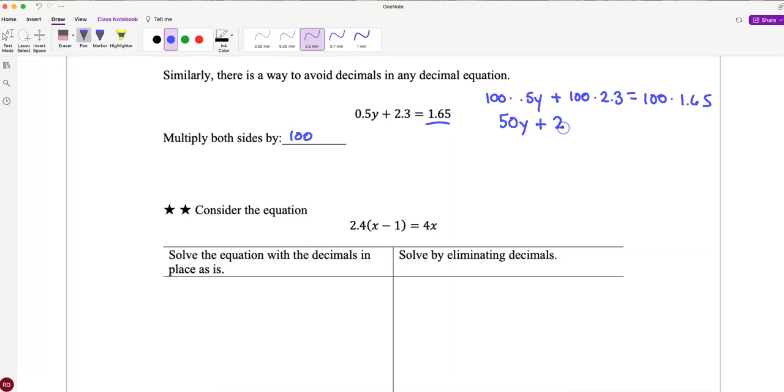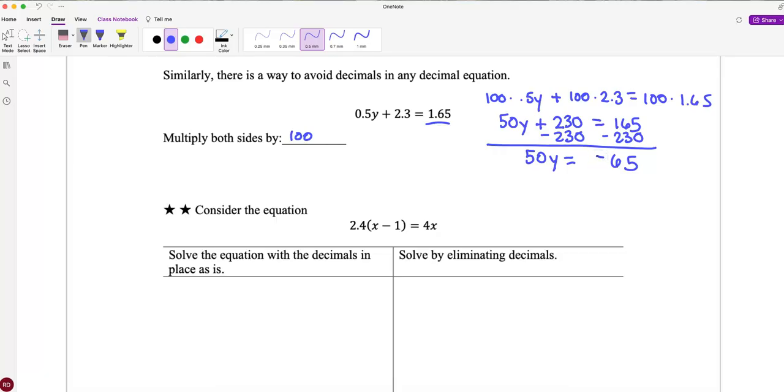So you get 50y plus 230 equals 165. Subtract 230 from both sides. So you get 50y equals... That right?